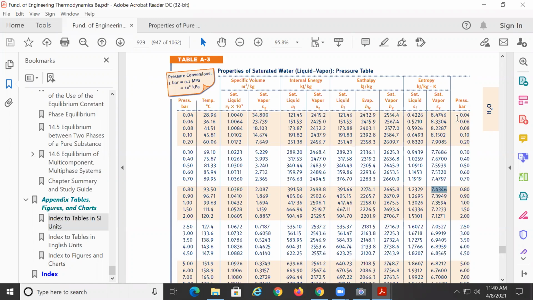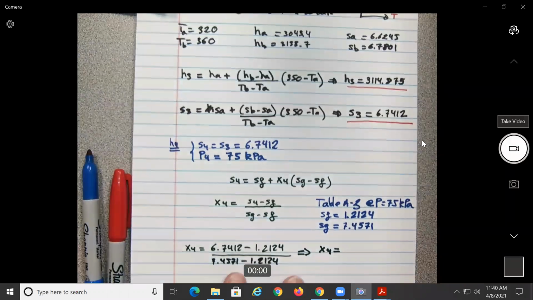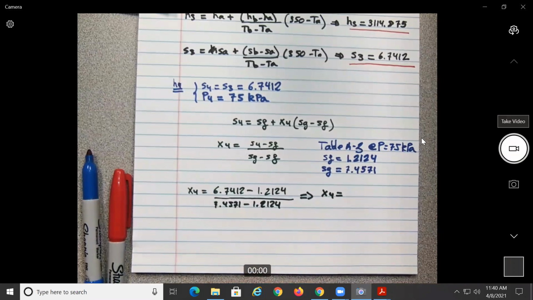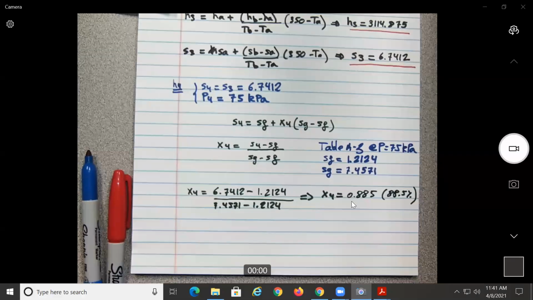So this will give you a quality factor of how much? So this is basically what I've done. I substituted the data. So somebody give me the value of 0.885. So that means that 88.5% of the mixture is gas, or it's vapor. And the rest is liquid.